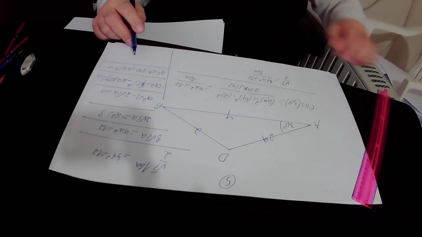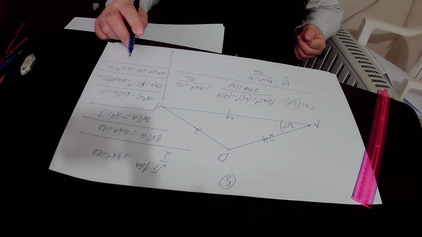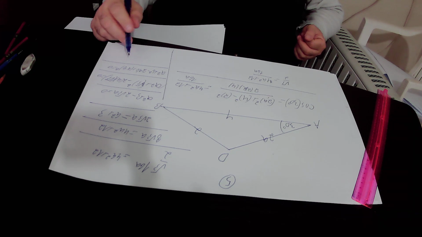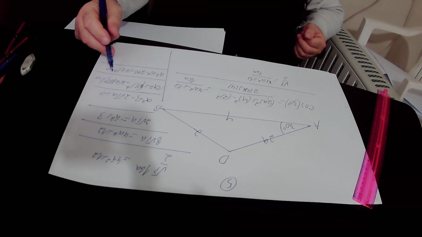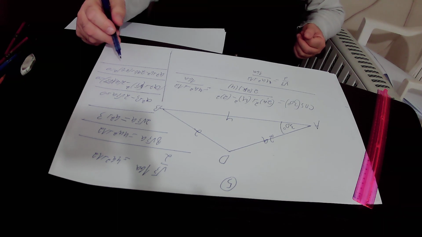So according to this identity, we can change our expression to a minus b squared that equals 0.